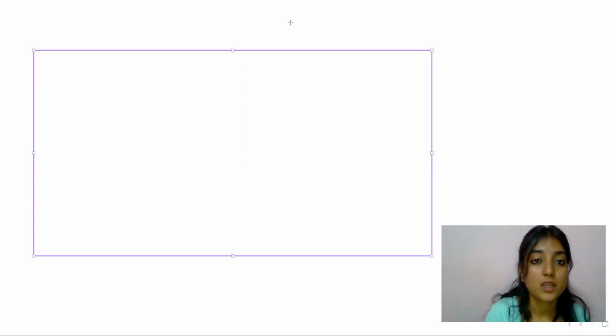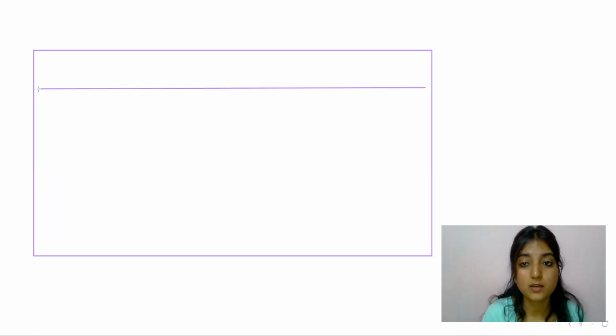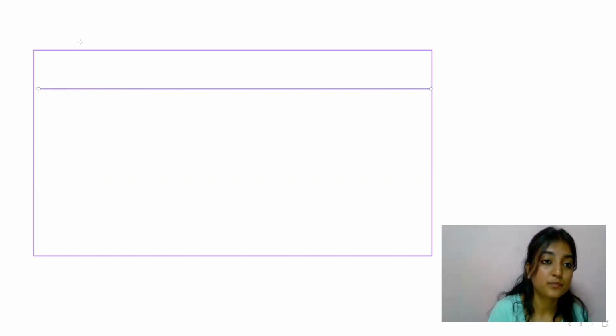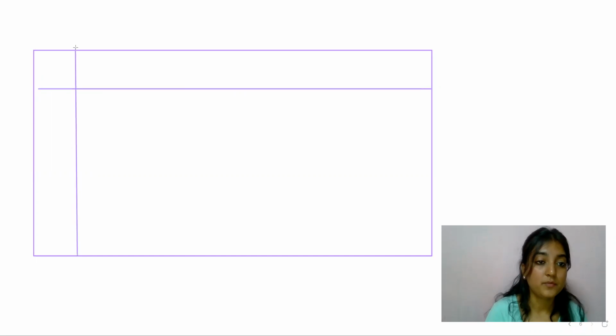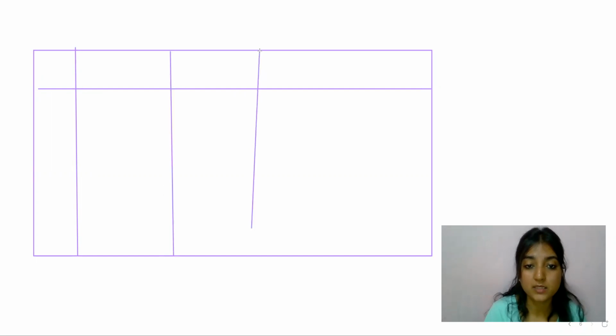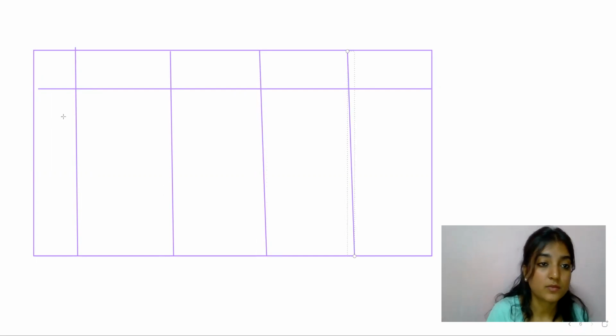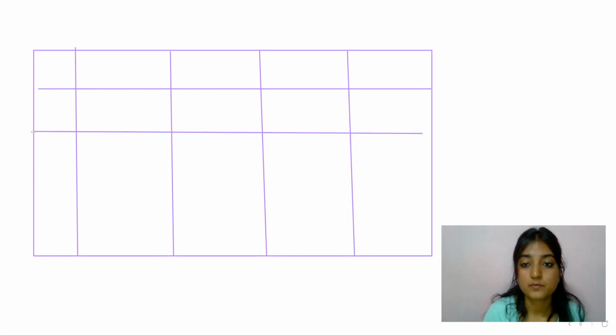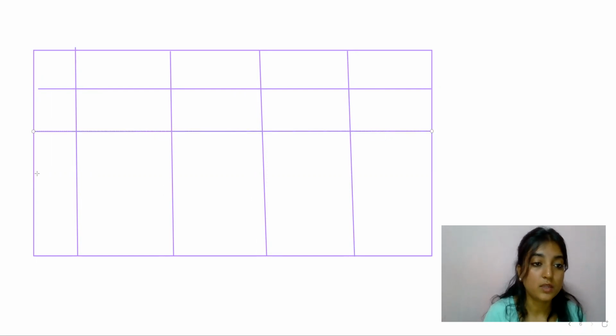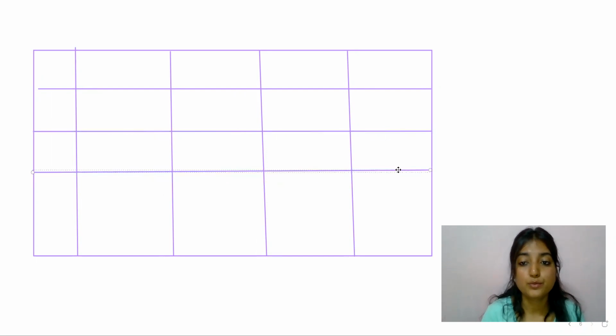You just have to make a table like this. Because we have obtained four gametes, we will make four rows and four columns: one, two, three, and four.